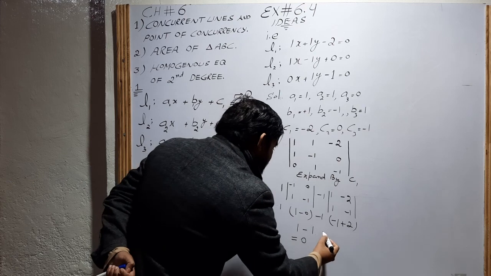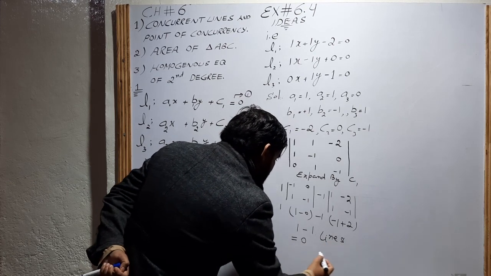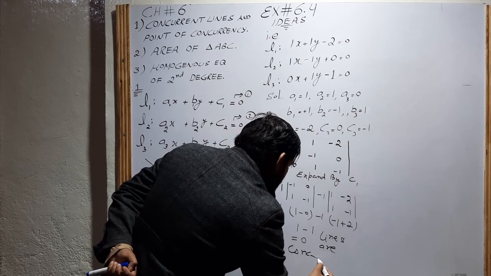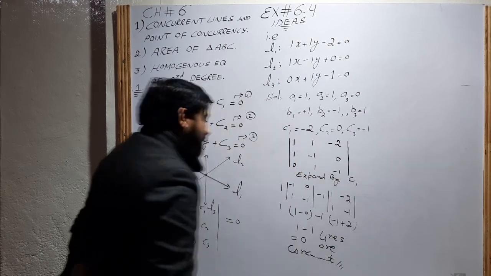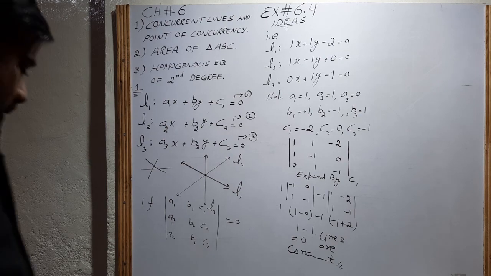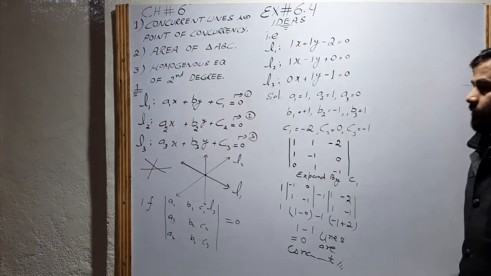It means that the lines are concurrent. The lines are concurrent because these lines pass through a single point, and the determinant equals 0. Now we will show graphically how the lines pass through a single point, and we will also find the point of concurrency.